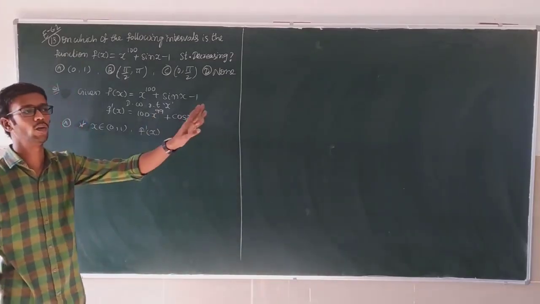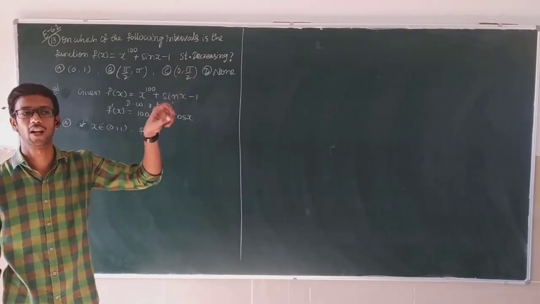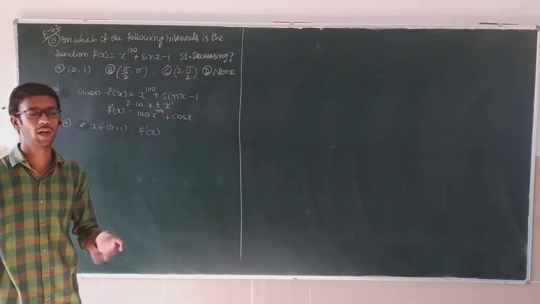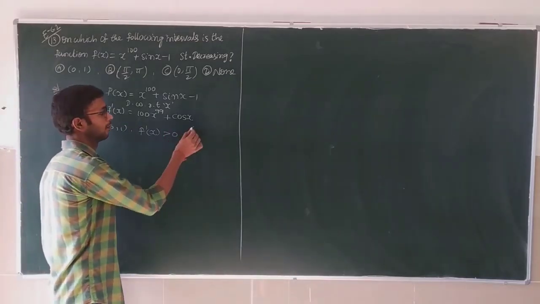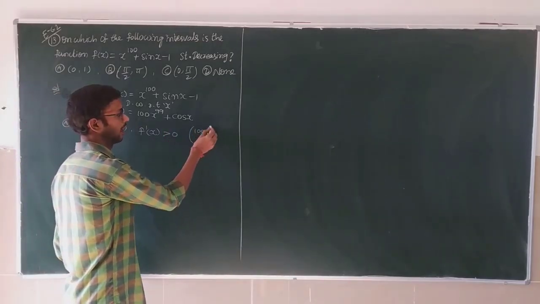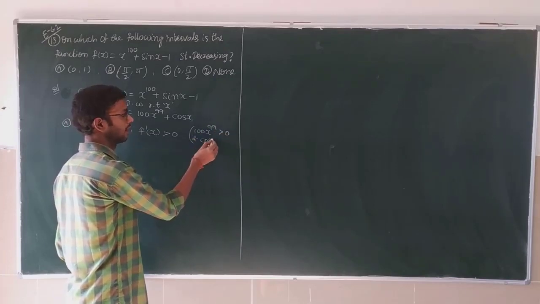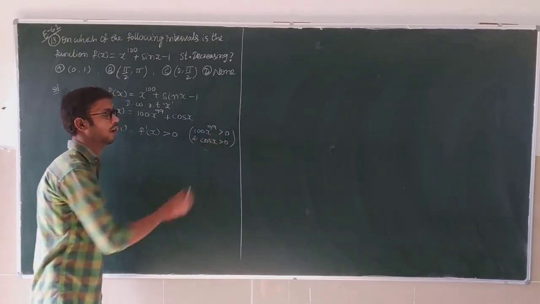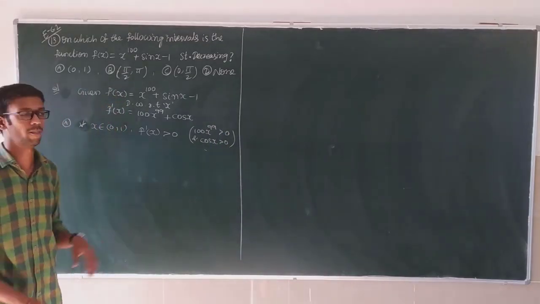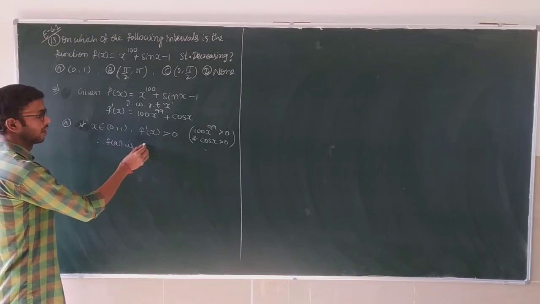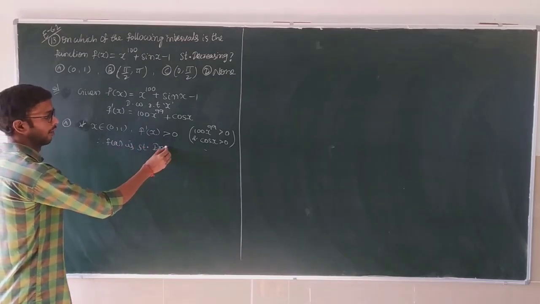Plus, 0 to 90 degrees, the cos value will be positive. 0 to 1 is also positive. So this is greater than 0 and cos x is also greater than 0. Positive plus positive is positive. Therefore, f of x is strictly increasing.